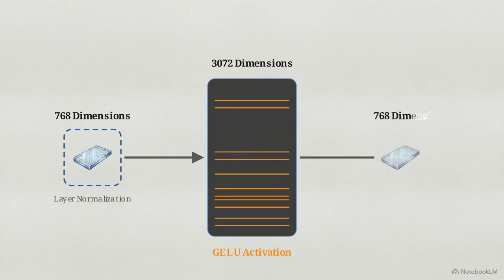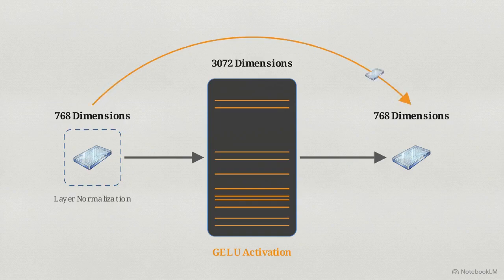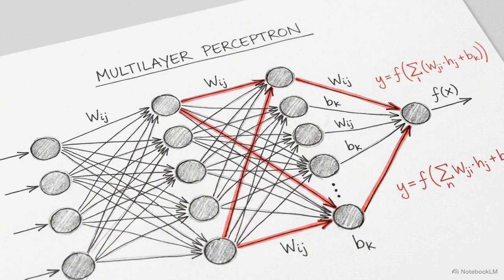A second linear layer compresses the enriched 3072-dimensional vector back to the standard 768 dimensions. This process is wrapped in stabilizers. Layer normalization maintains consistent variance, and residual connections provide a bypass around layers to keep gradients from vanishing. The MLP provides the necessary computational capacity for the model to memorize and process facts independently of the contextual web built by the attention heads.